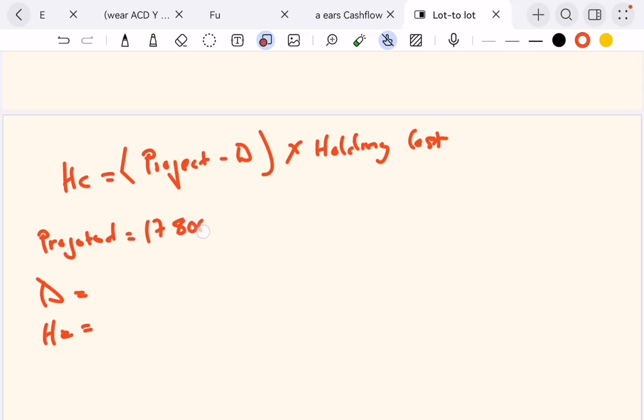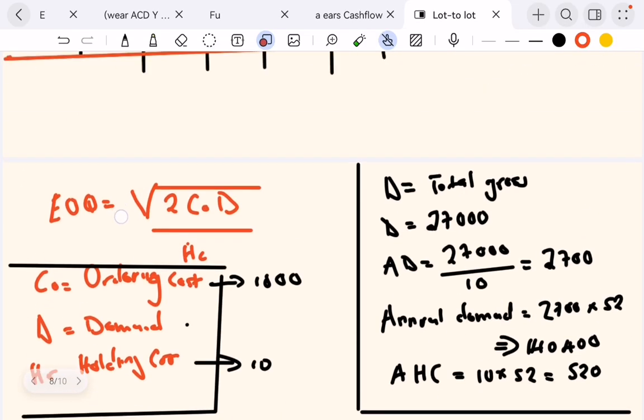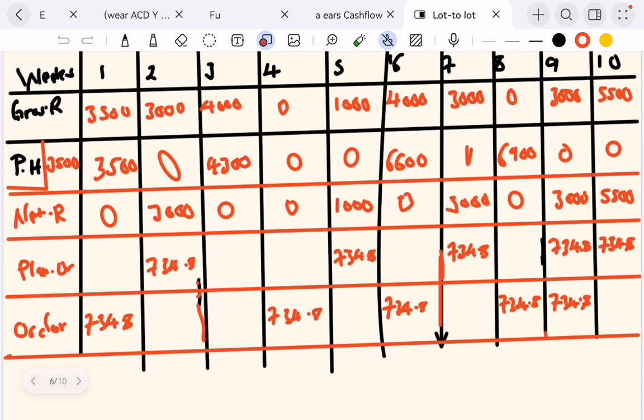So now this demand here, which I'm saying demand here, you see, here at the end of week 10, we have 5,500. You see that? At the end, only at the end, we have 5,500 and then we have 734.